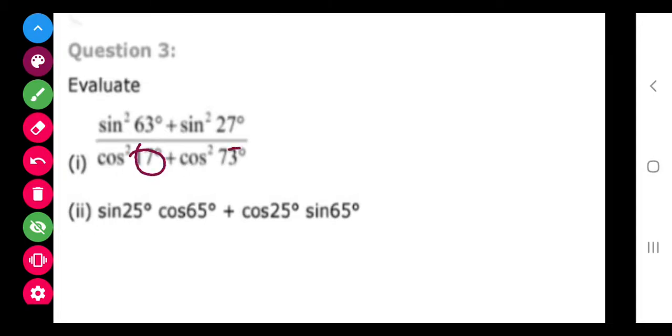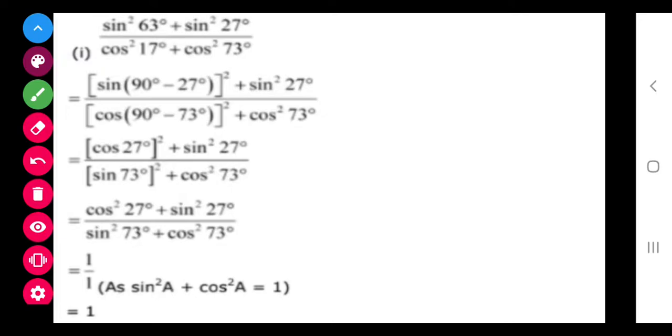Same with the lower one also, these two sum to 90, so we can reduce. So you see the solution, what they have done, 63 they have converted into 90 minus 27, that is cos 27. Sin 17 can be written as 90 minus 73, that is sin 73. Now finally we have got this and this.